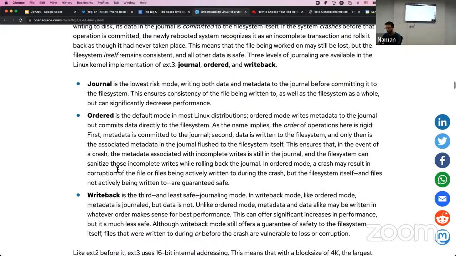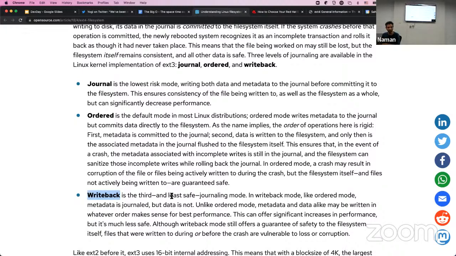Okay. Now, the third one, which is the least safe, is writeback. Depending on the situation, it will say, okay, right now it makes more sense to write the metadata first, or maybe the data first to the disk. Basically, this is the most performant one, but it is least safe.